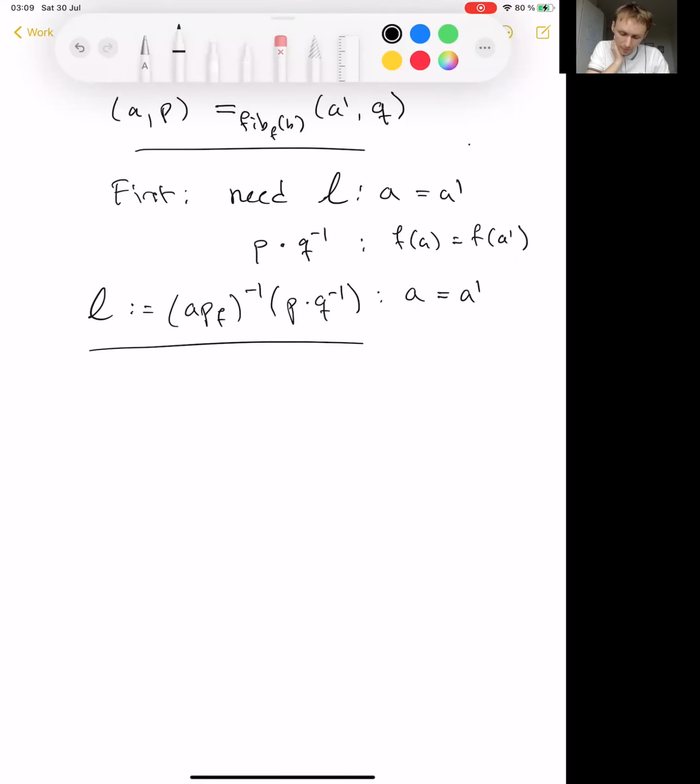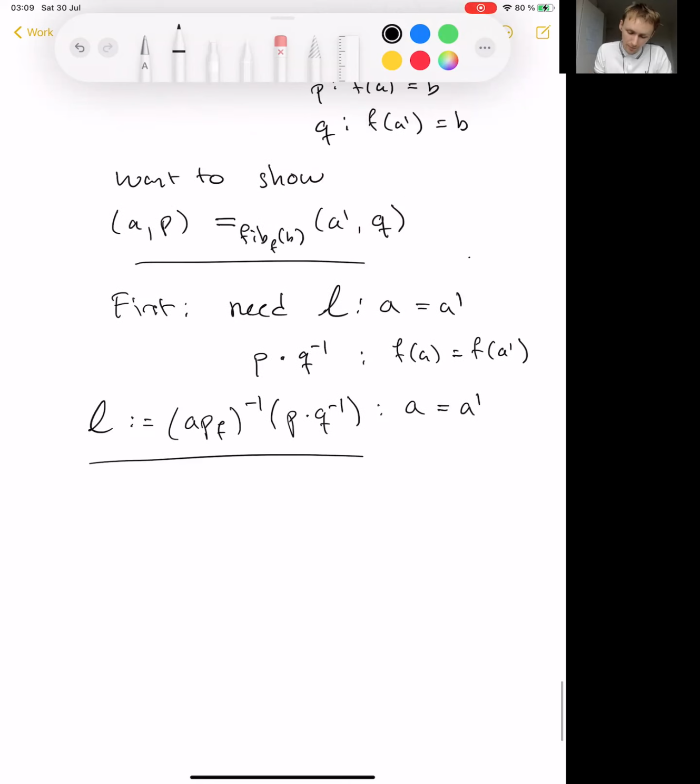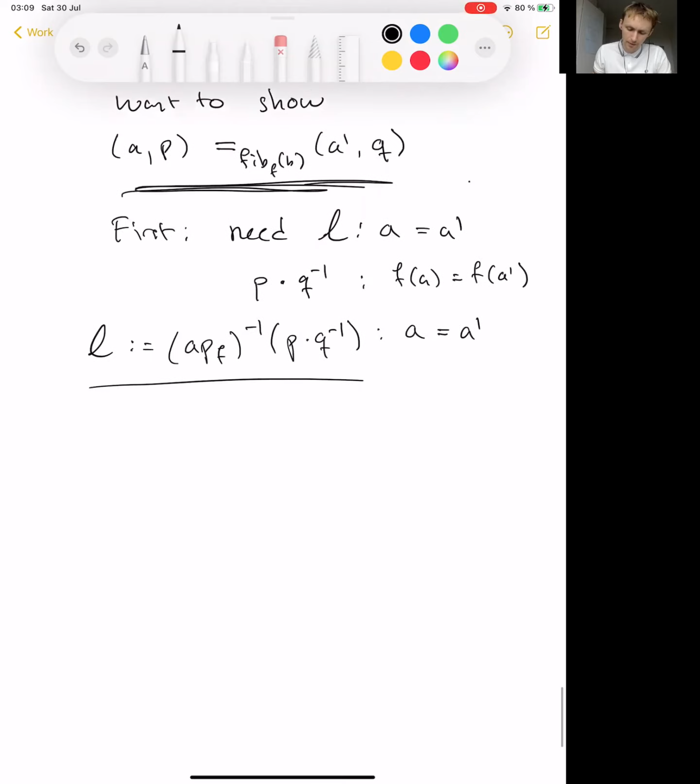Now how do we prove that the two pairs are equal? We have proved that the two first components are equal. Remember the identifications over sigma types. We can't really say that P is equal to Q because they belong to different types.